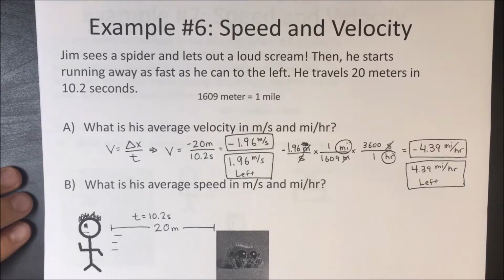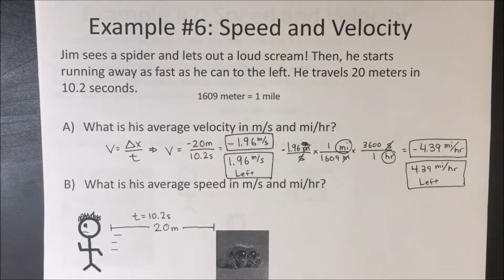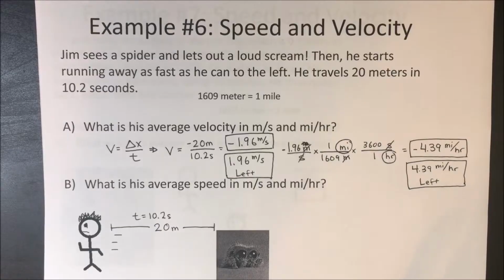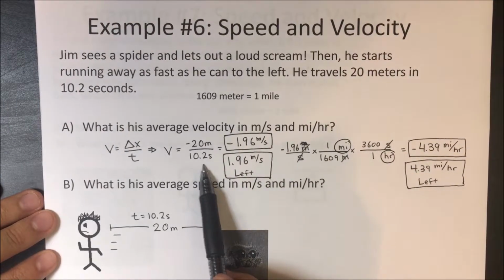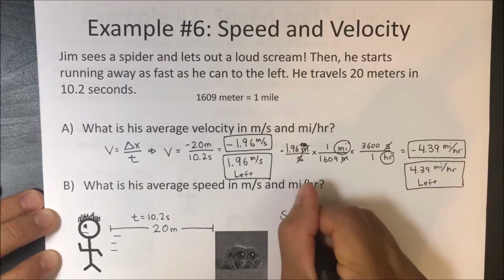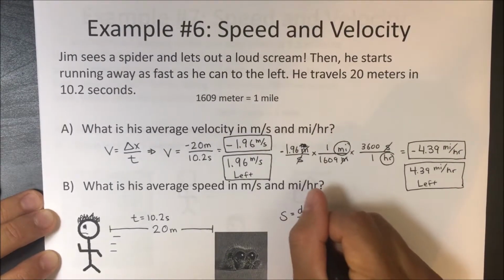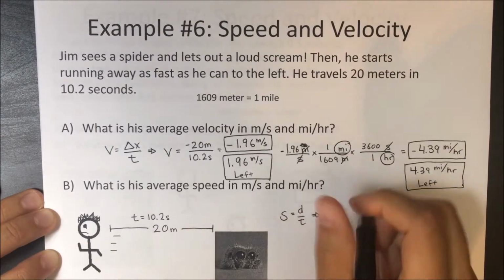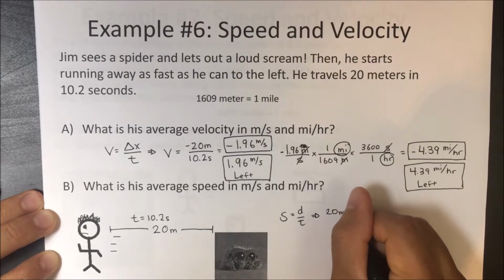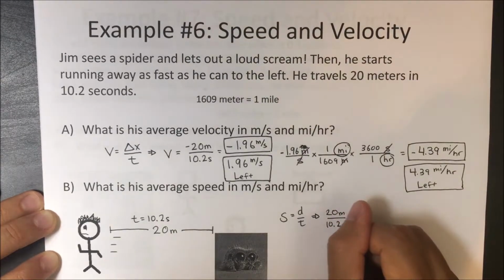Okay. So, what is his average speed in meters per second and miles per hour? Again, since the distance traveled is the same thing, we have the same answer, except distance has no negative or positive, it just has how far you are. So instead of doing negative 20 meters over 10.2 seconds, the speed is equal to the distance over time, which is just 20 meters divided by 10.2 seconds.